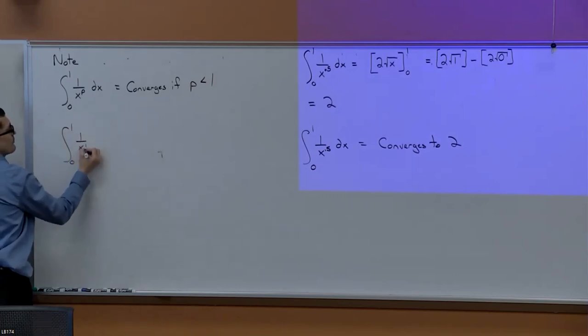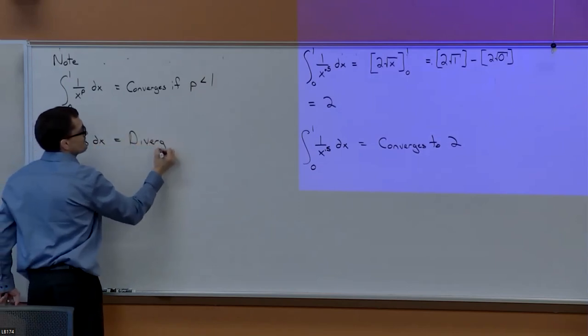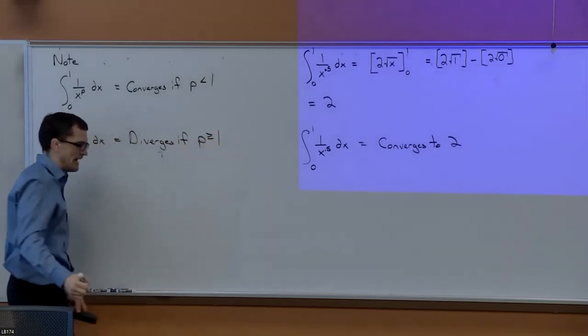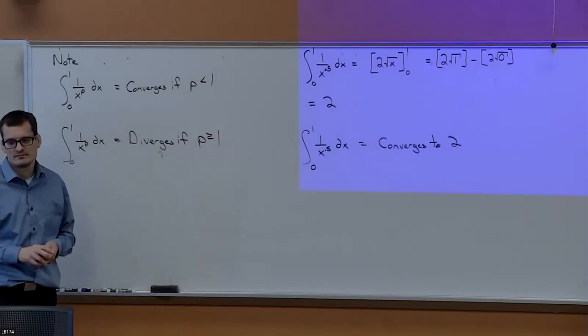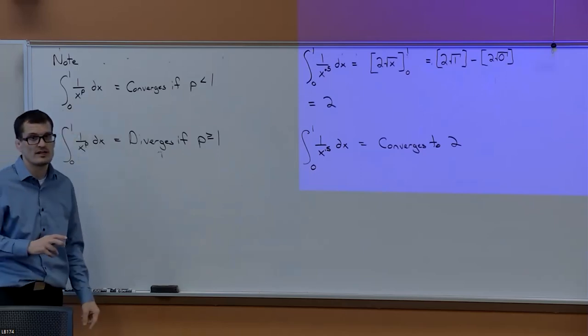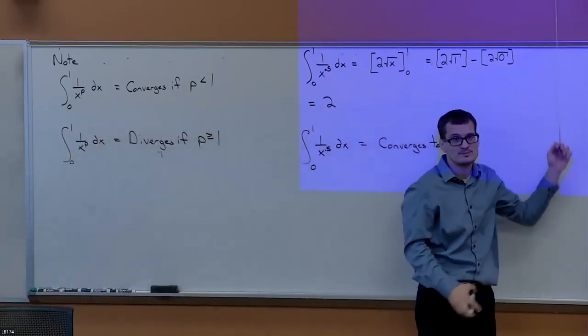And that same integration diverges if the power is at or above 1. Interesting, huh? So the 0 to 1 and the 1 to infinity, with these types of integrations, are reverses of each other in terms of diverge versus converge.